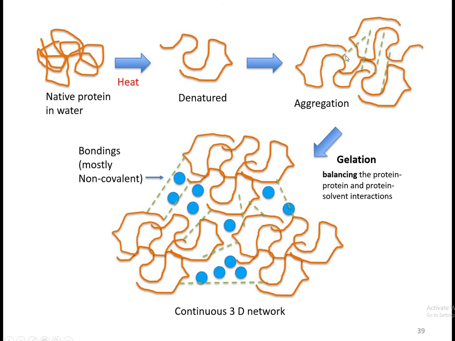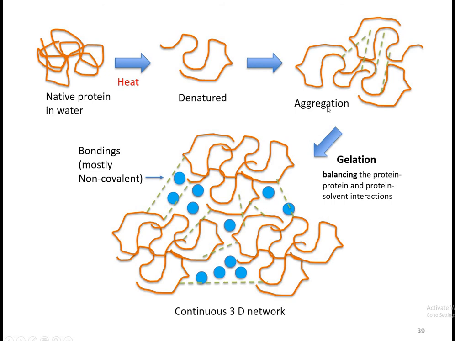There are going to be some kind of forces or binding here, but of course non-covalent. You measure the molecular weight, it's going to be increased. You measure the viscosity, it's going to be increased, but this is not a gel. It is just aggregation of molecules.